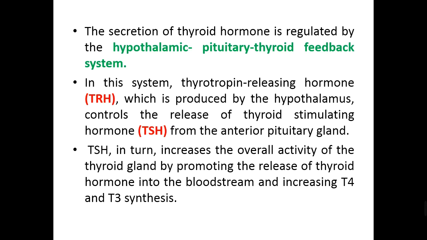The secretion of thyroid hormone is regulated by the hypothalamic pituitary thyroid feedback system. In this system, thyrotropin releasing hormone, which is produced by the hypothalamus, controls the release of thyroid stimulating hormone from the anterior pituitary gland.